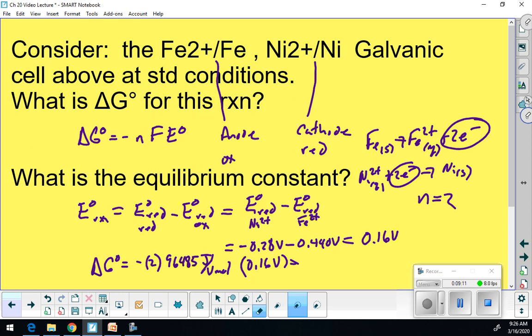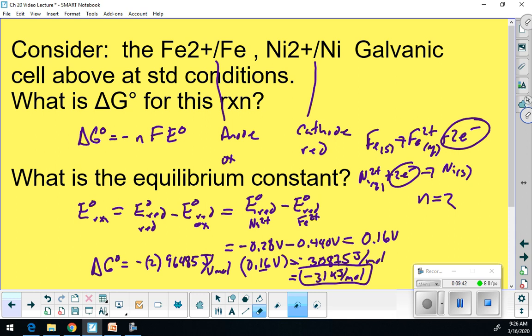And what do I get? I get negative 30875, right? And this would be joules per mole, right? Or we could make this into kilojoules, and I should get my sig figs. I only have 2 sig figs, so that'd be a negative 31 kilojoules per mole, right?